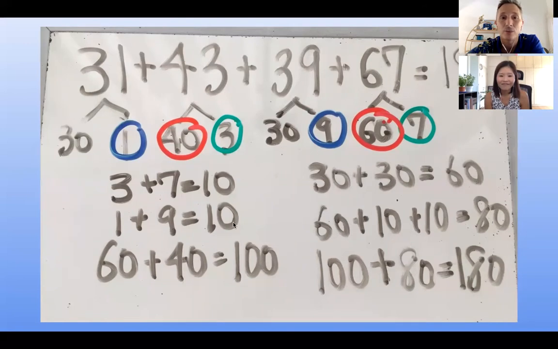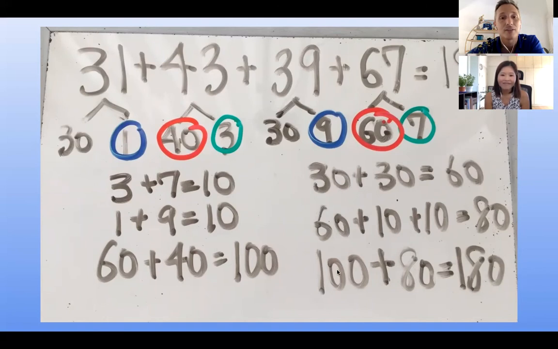Also the 9 and the 1 made a friend of 10. So right there, we know that we have 20 altogether. Then we have our red circles. Those are circled with the 40 and the 60. That made 100. And then we have our 30 and our 30. That made 60. And then we're going to put them all together. We had the 60, our 10 and 10 made 80.